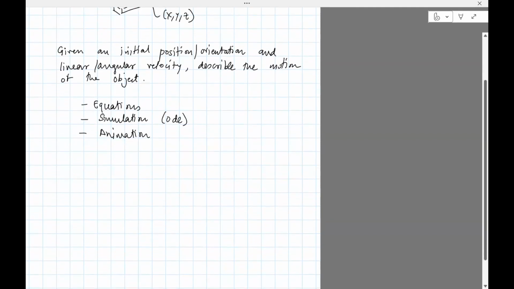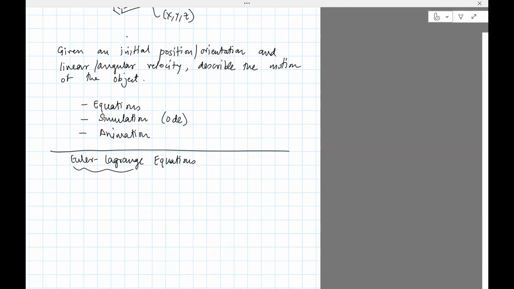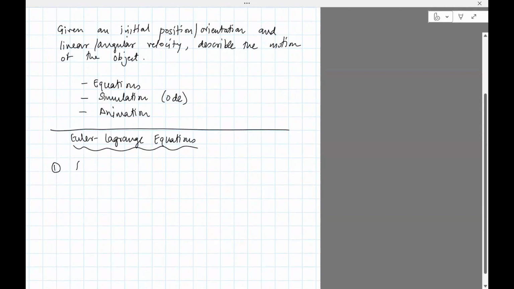Step one is deriving the equations, so this will be the Euler-Lagrange equations. The second one is we need to compute the position and orientation of the object. So the position is just x, y, z.